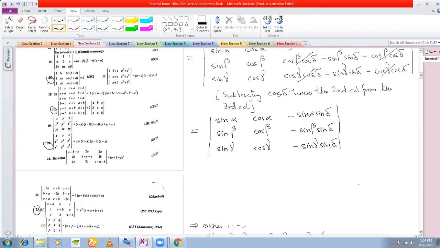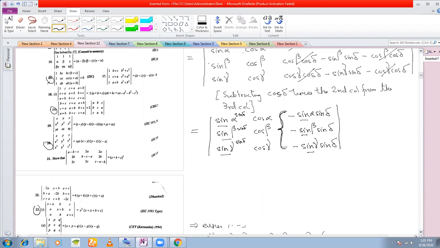Now what we want to do here is, we want this column to become 0. So what you see here is, you have sin alpha here, you have sin alpha here. Sin beta, sin beta. Sin gamma, sin gamma. What is missing? If you multiply this column by sin delta and add it to the third column, then all this will become 0, isn't it?